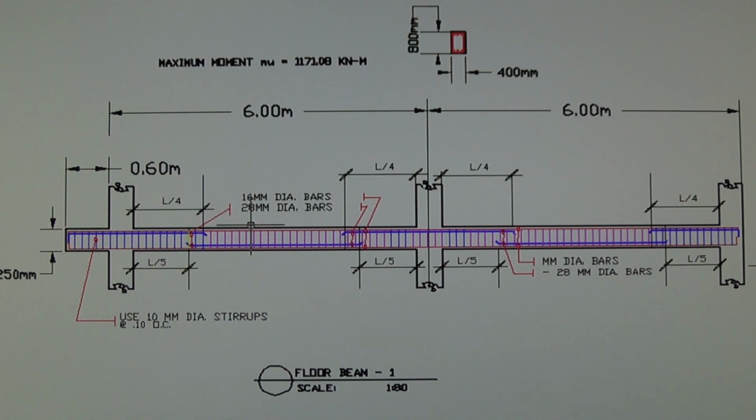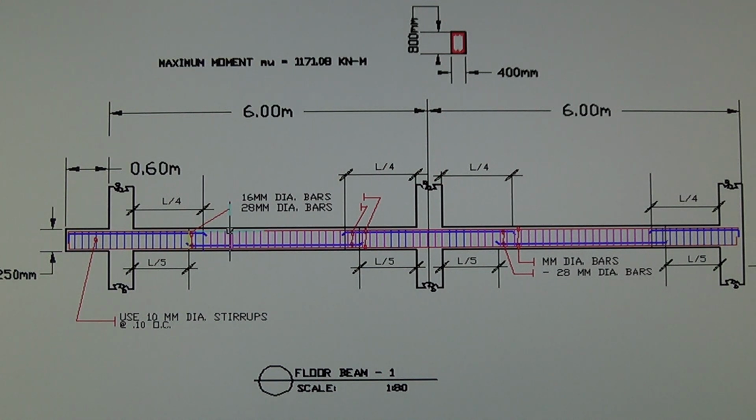And here I want to point out this bar here. These are continuous bars, both top and bottom. These are the bars where you attach all these stirrups. These are the horizontal bars that run from one end to the other end, where you can install all the stirrups here.